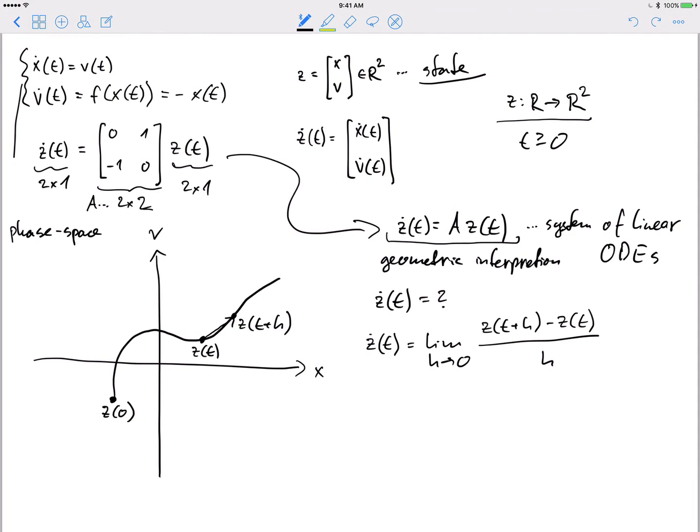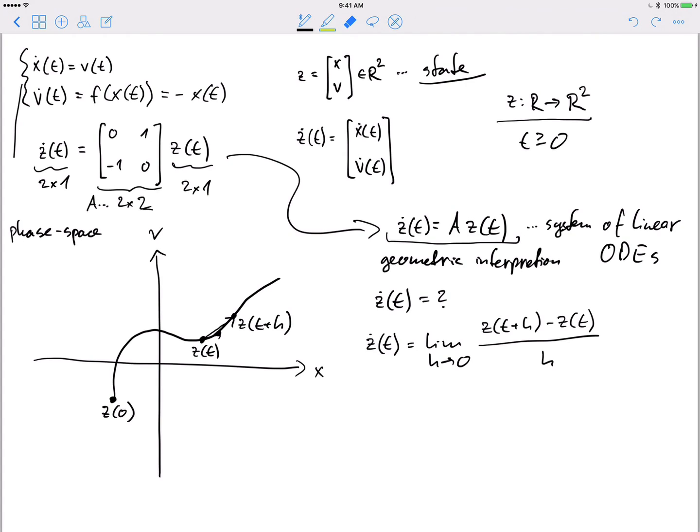The whole idea of this limit is that you are making this h smaller and smaller. You can say, oh, this h is too big, so you can put a smaller h and make this arrow even smaller. But so that it doesn't disappear, that's why you divide by this h here. So that's really the idea of a derivative.